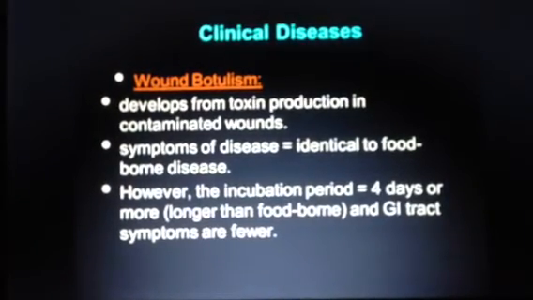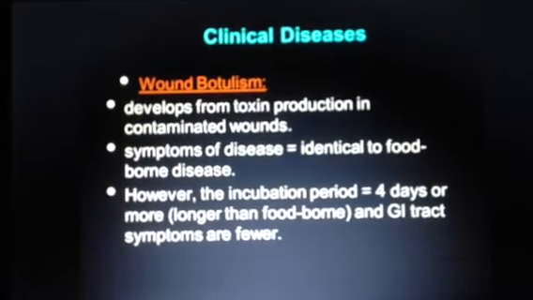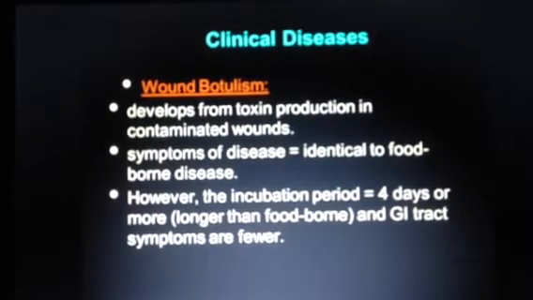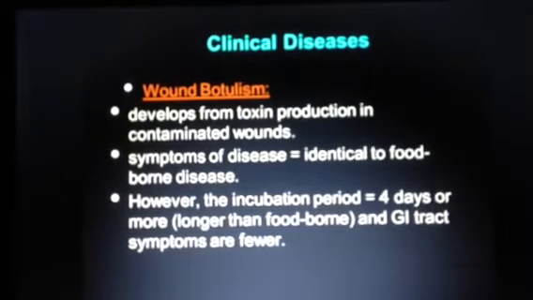The third disease that this kind of bacteria can cause is wound botulism. Wound botulism develops from toxin production in contaminated wounds. The symptoms of this disease are identical to the foodborne disease.